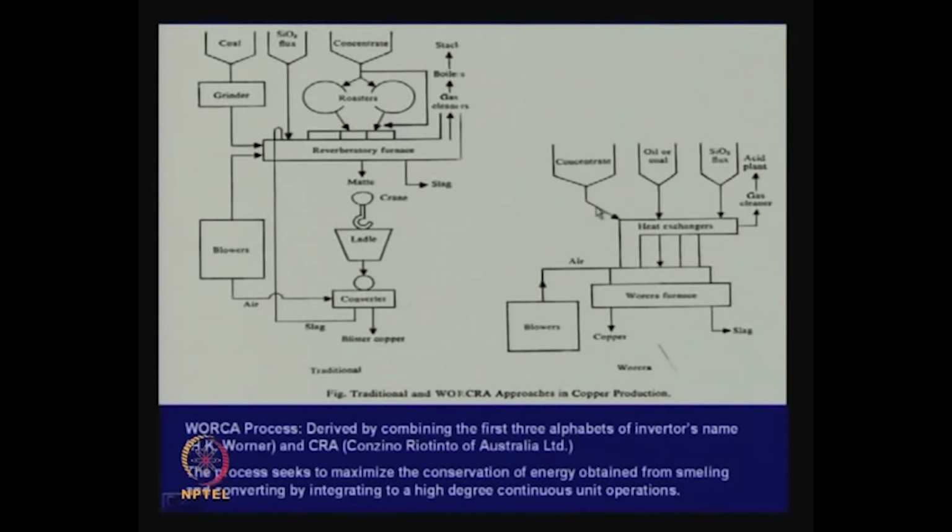One of the first answers to this question of combining all the steps was provided by a man called Werner, and the process is named after him. It is called the Worcra process.